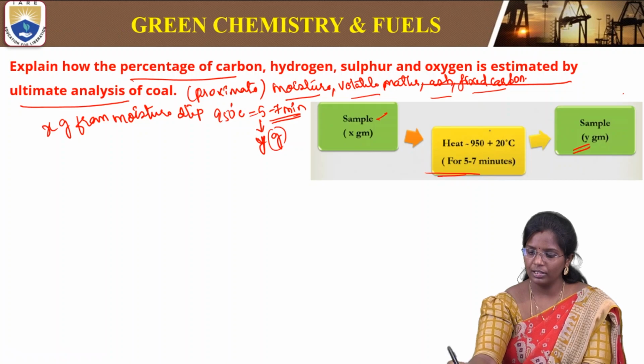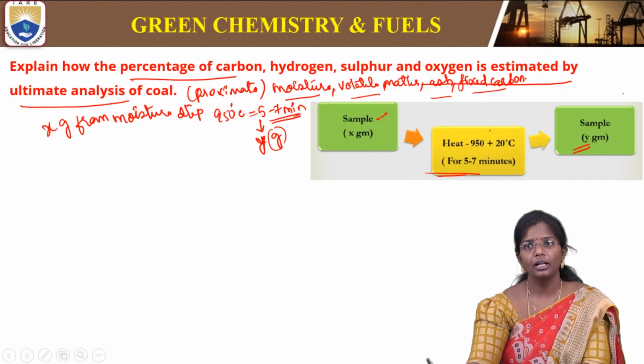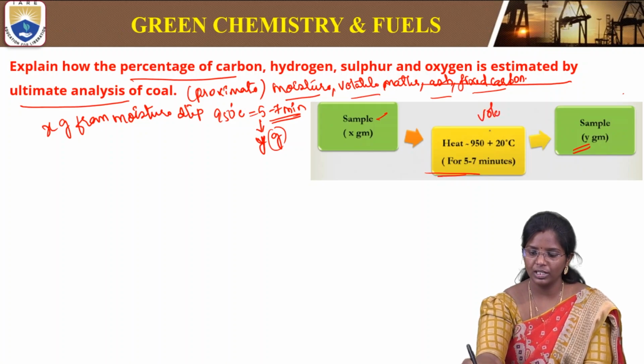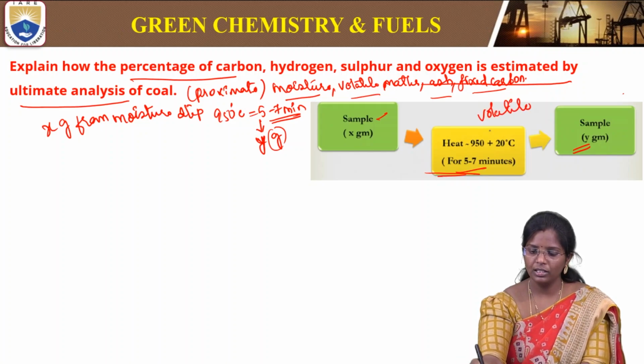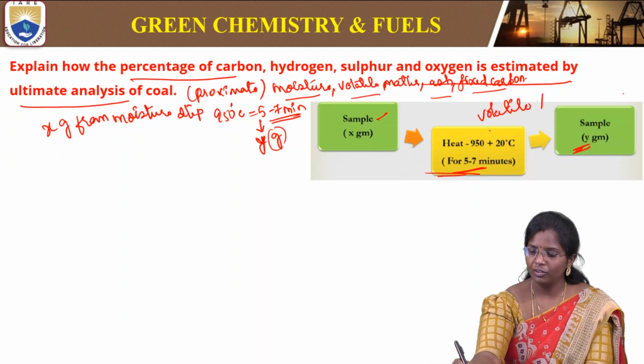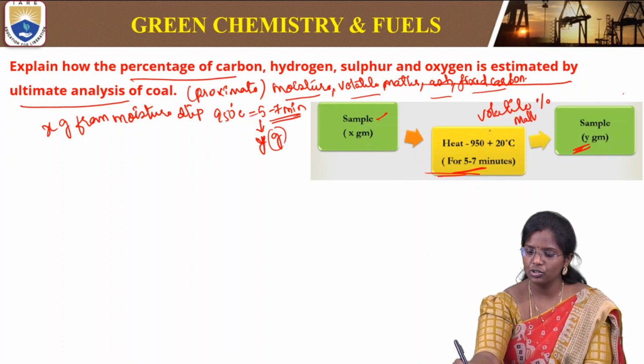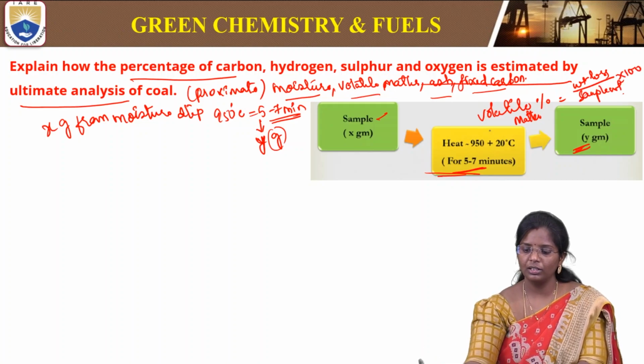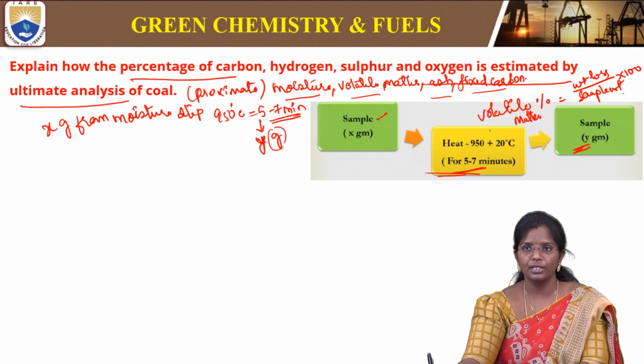This is the weight we obtain after the removal of volatile matter. So any volatile matter will be removed at this temperature and duration. Then the volatile matter percentage is given by weight loss by sample weight into 100.